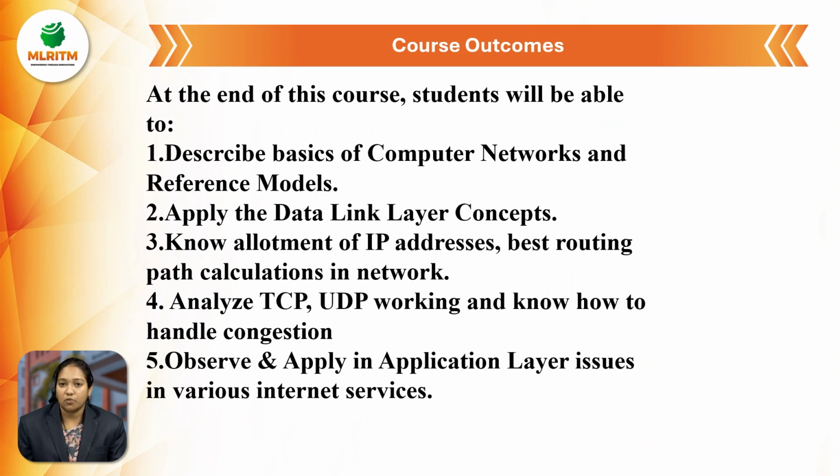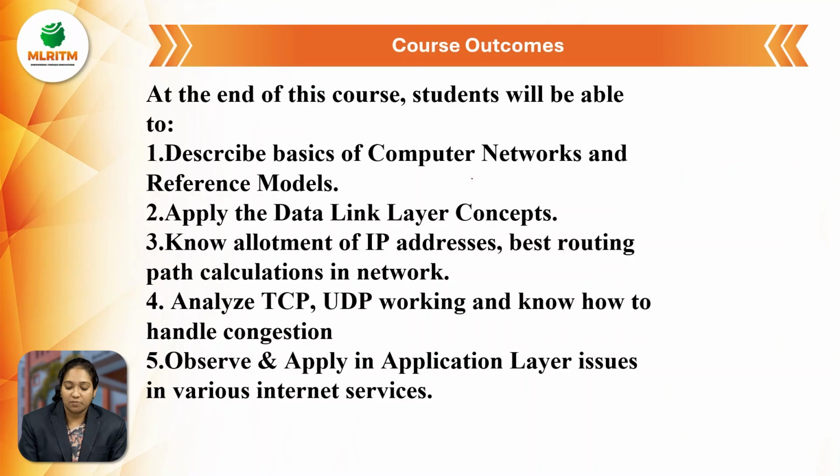And then next comes the course outcomes. At the end of this course, students must learn to describe basic concepts of computer networks and reference models. Second one, apply the data link layer concepts. Third one, know allotment of IP addresses and best routing path calculation in a network.